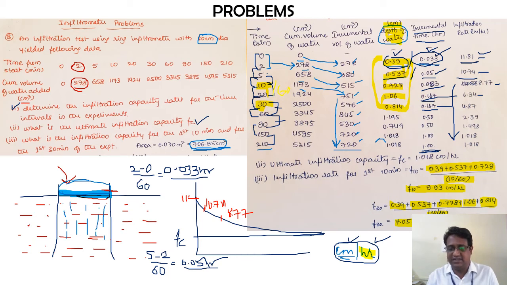Okay, so this is how you can do the calculations on infiltration capacity with the help of infiltrometers. I hope this is clear for you. You need to make sure that you read the question, check what they are asking, then convert these particular values in terms of the requirements, and based on that you can complete the calculations over here.